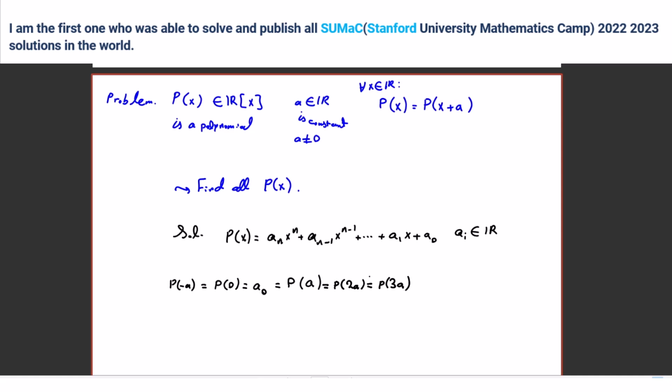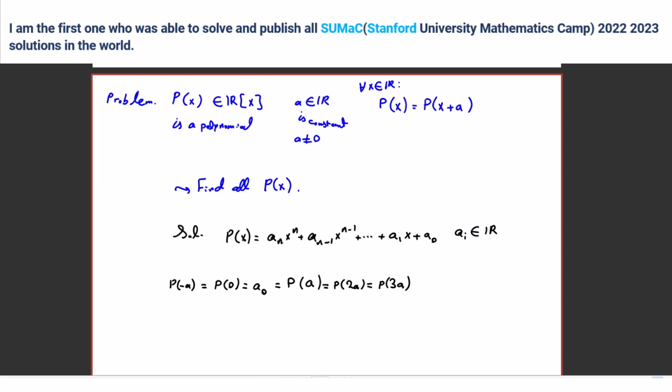So it has infinitely many points where the values are the same. For example, if a is positive and you increase this, it approaches positive or negative infinity, and it is not constant, right?